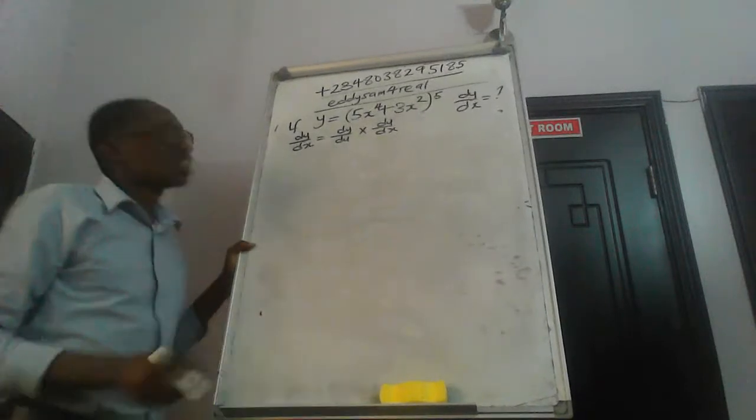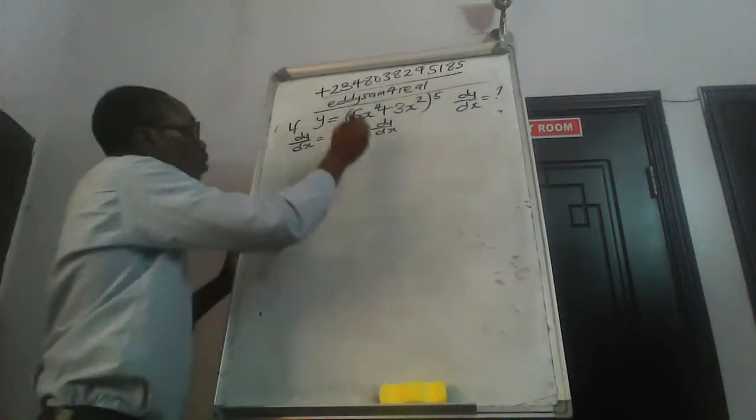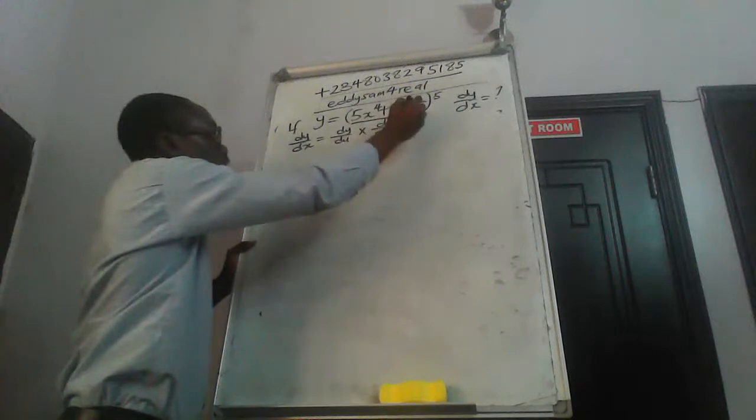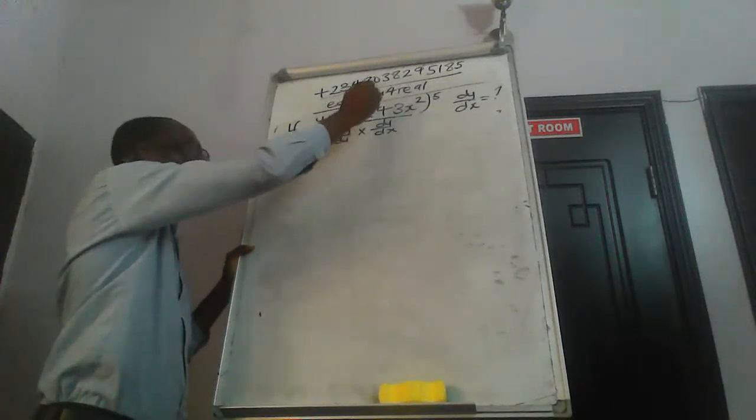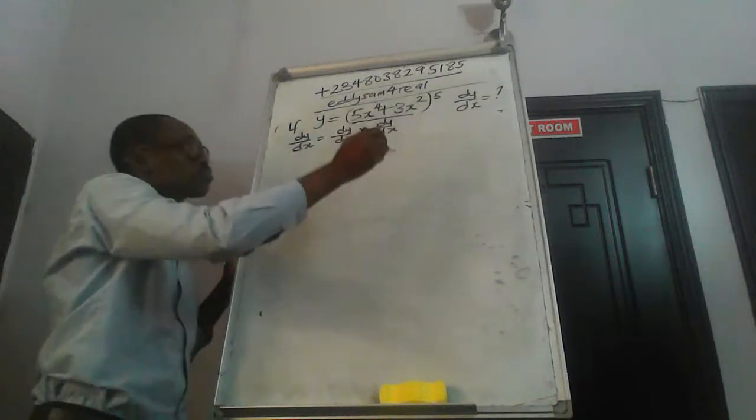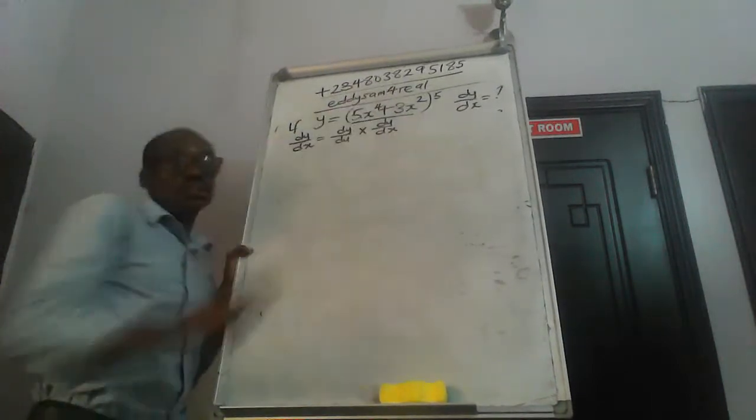So in this example, this binomial, 5x raised to power 4 plus 3x raised to power 2, is going to become our u.